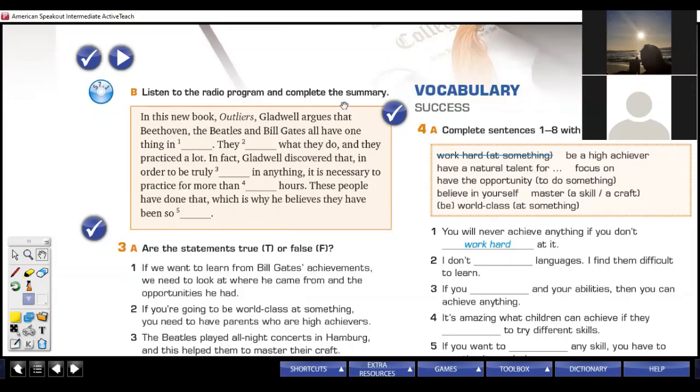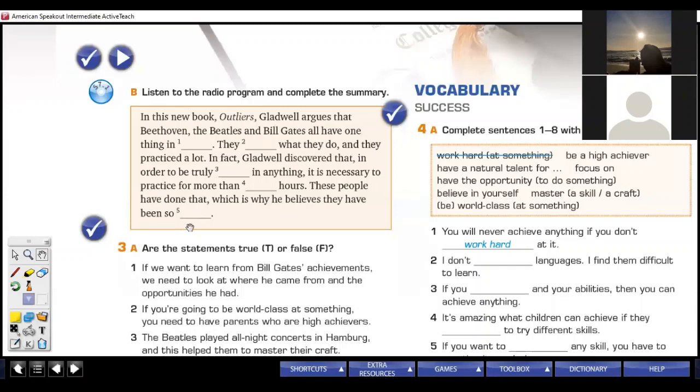As it says, this is a summary, which means they are going to be speaking about so many things, but only a couple of things are the ones that you need to be very focused on, so that you can put the words that actually go in these blanks, all right?